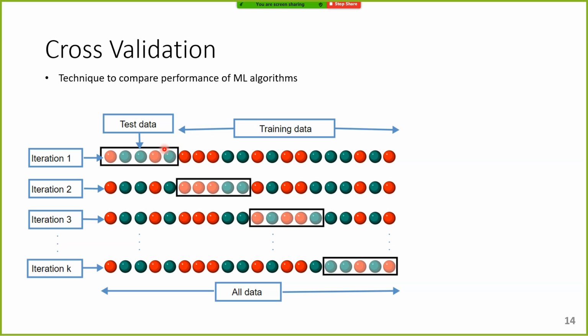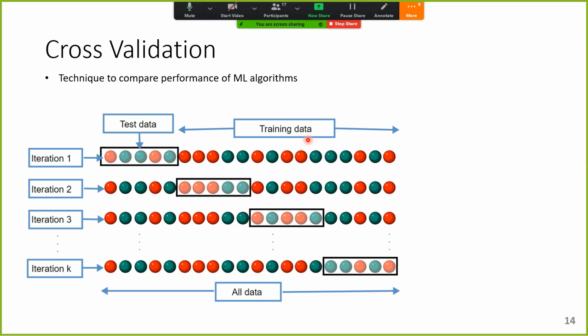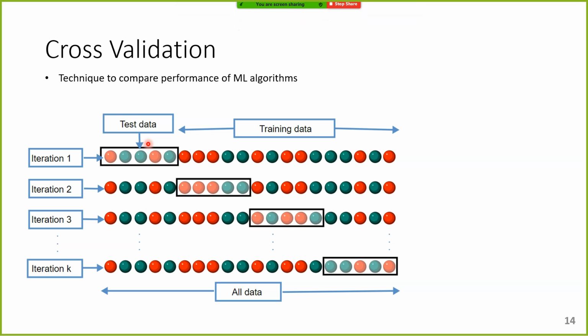Typically we keep 75% of data as training data and 25% as test data, but this is not a hard and fast rule, and the proportion depends upon the size of the data we have.